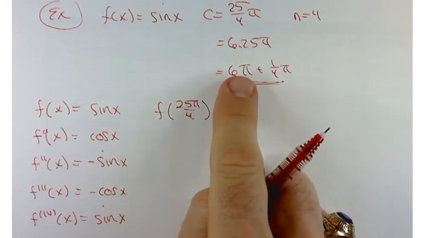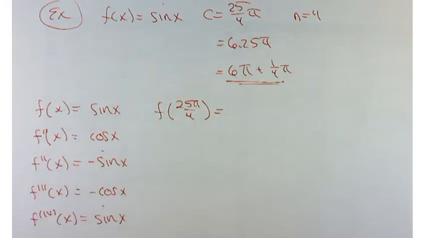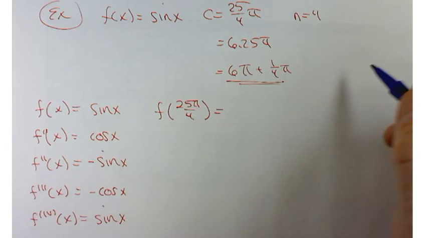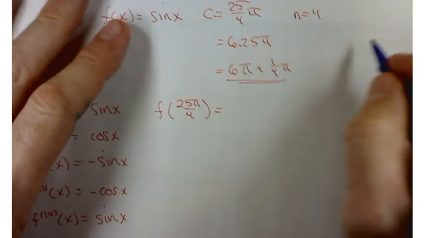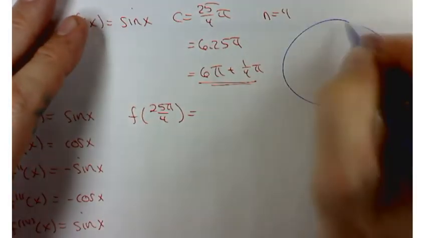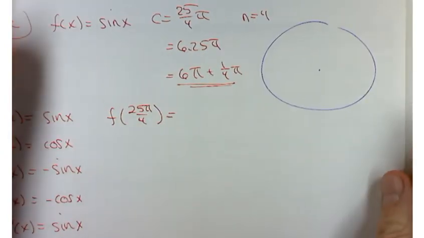Now let's stop and think about the unit circle for a moment. When we evaluate things on the unit circle, really what we care about is where we end up. And if you make a couple extra laps around the unit circle along the way, it doesn't really matter. So, as far as the unit circle is concerned, here's what's going on.